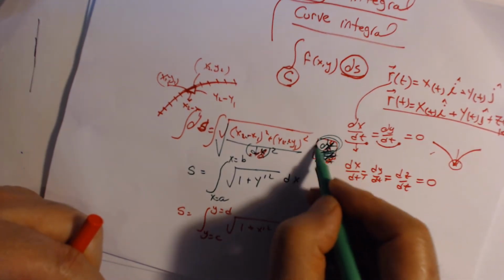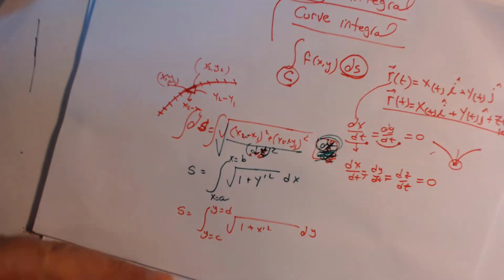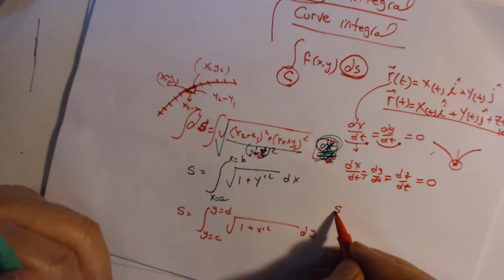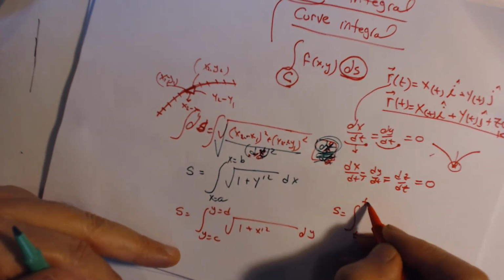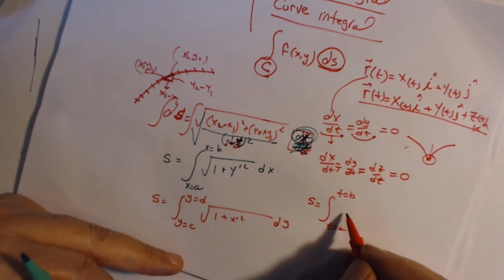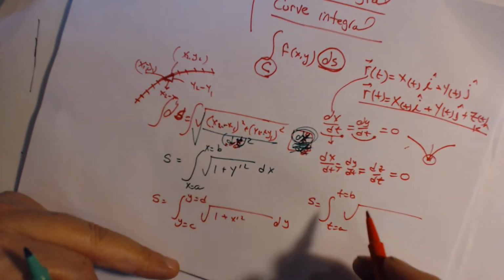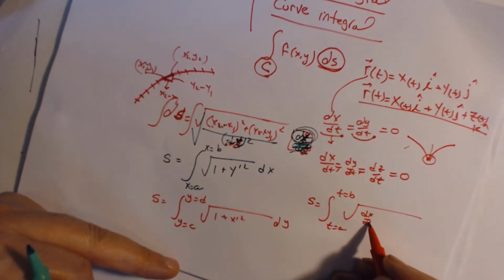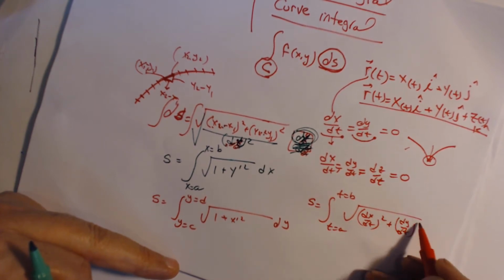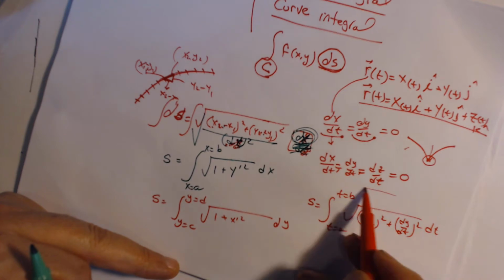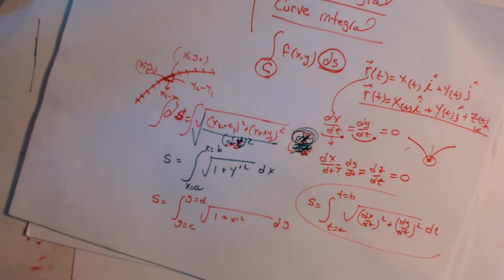Well, you keep the dt here, you bring the dt to the other side. Therefore, here your arc length goes from t equal to a to t equal to b, and this becomes the square root of dx/dt squared plus dy/dt squared dt. And that's the arc length for a parametric function.